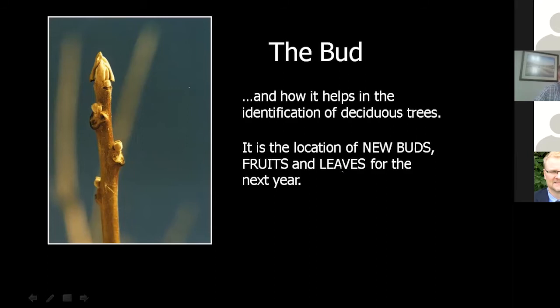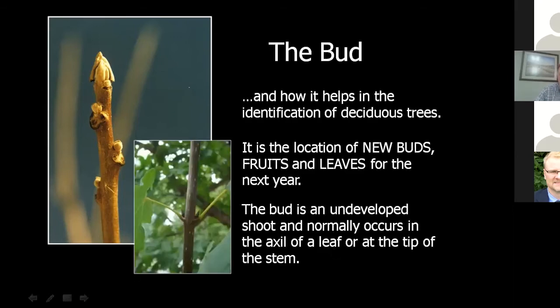If you go out and look at any tree that is sprouting right now, you'll find that those leaves are starting to push out of those buds. Also, the fruits are going to be created as a result of the bud opening up, and also the new buds. Here's a bud, but in about a week's time after this sprouts out, you're going to have a new bud created. And the bud is this undeveloped shoot.